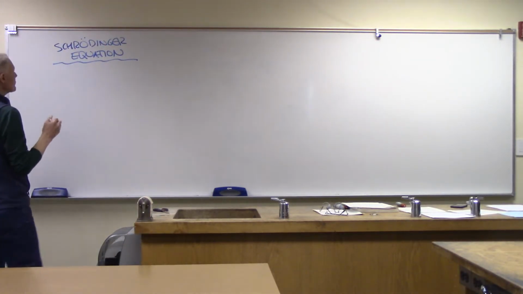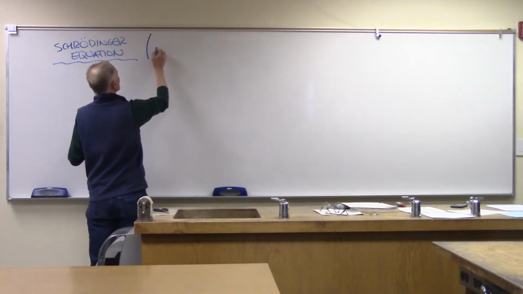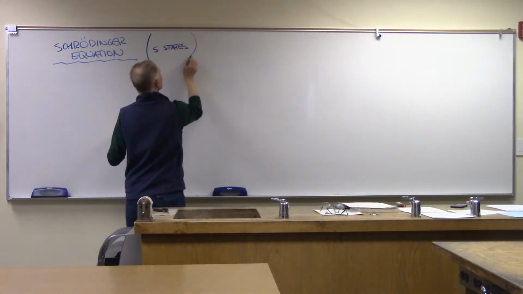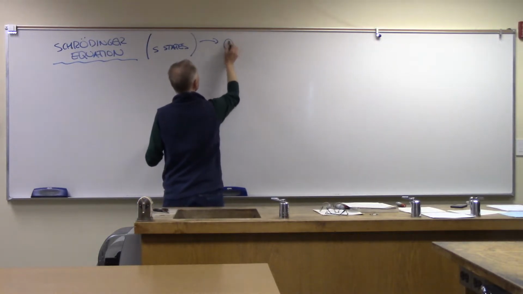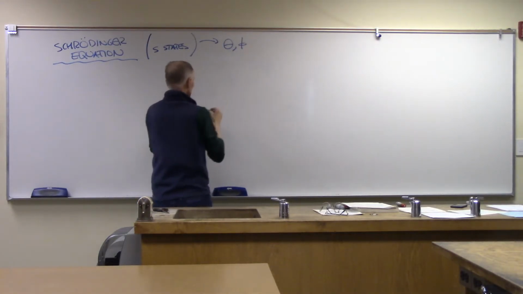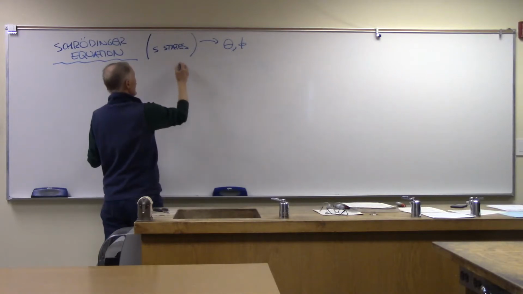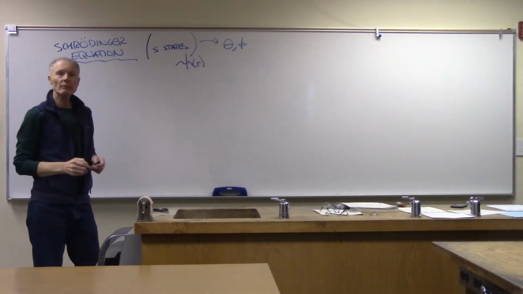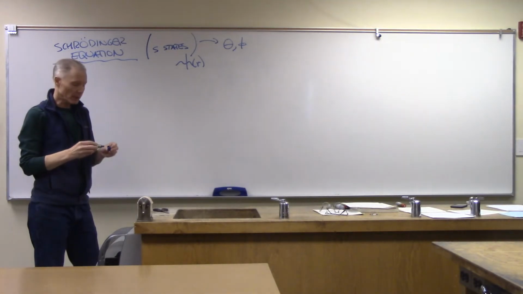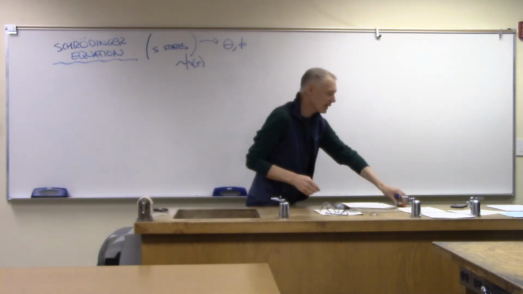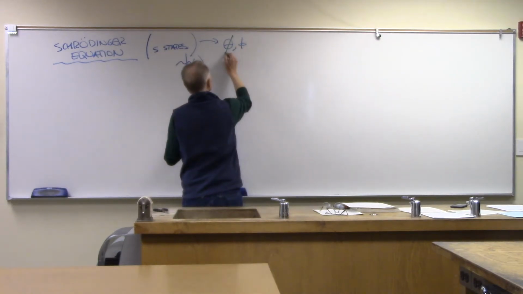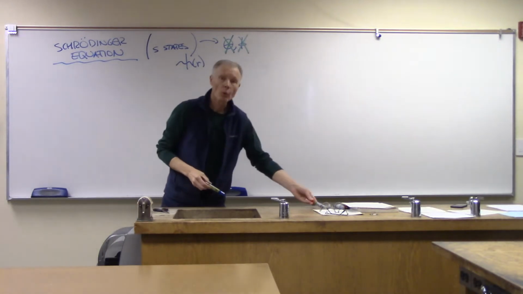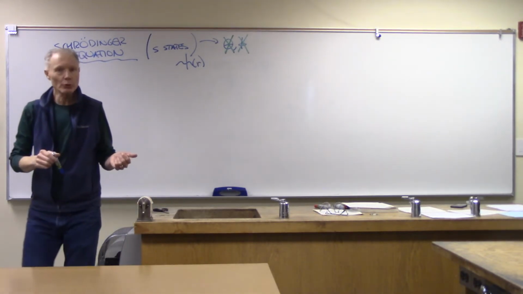But since all I'm looking at are S states, the wave functions will only be functions of r. And that says that anything that has theta and phi dependence will go away. So I'm not going to write in those terms.